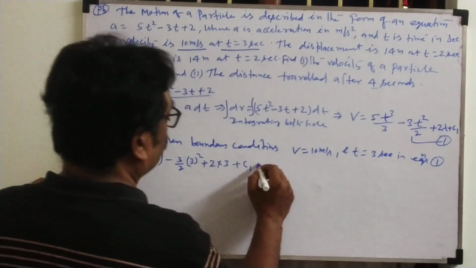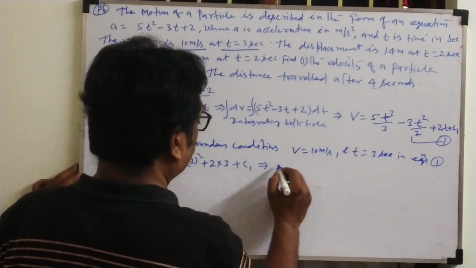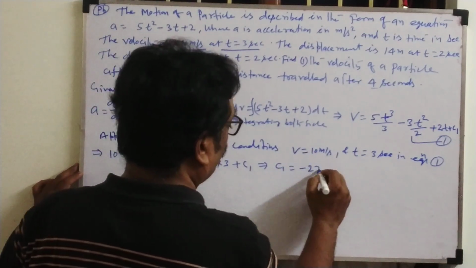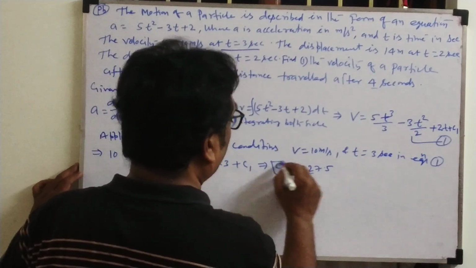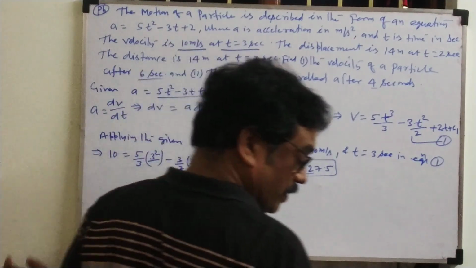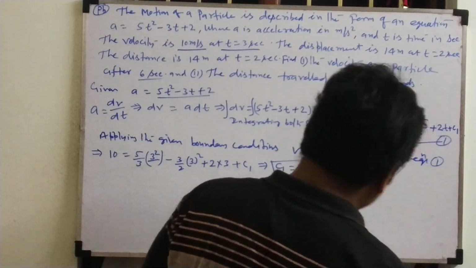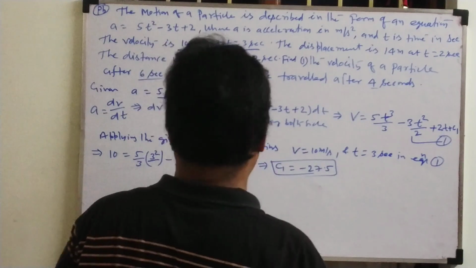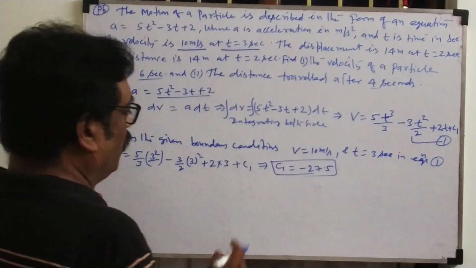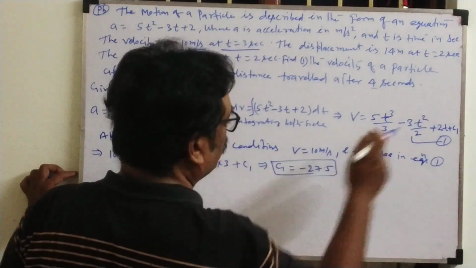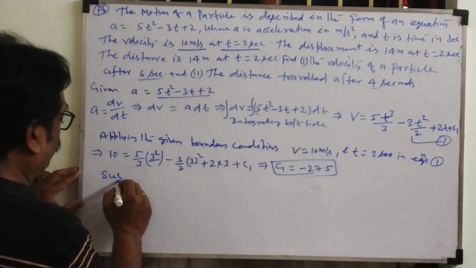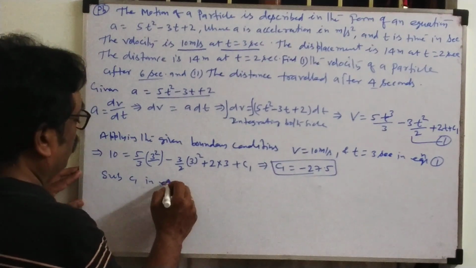If you solve this, c1 will come to minus 27.5. Now substitute this constant value in equation 1.